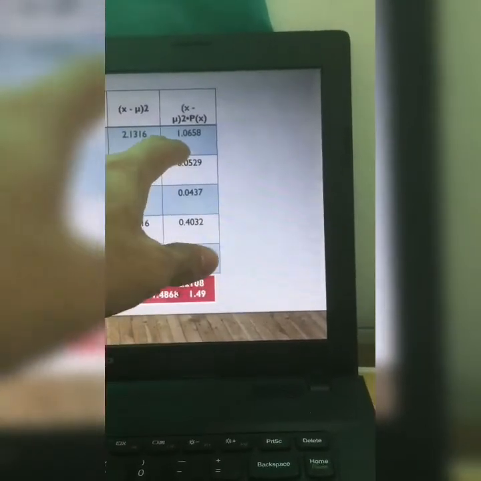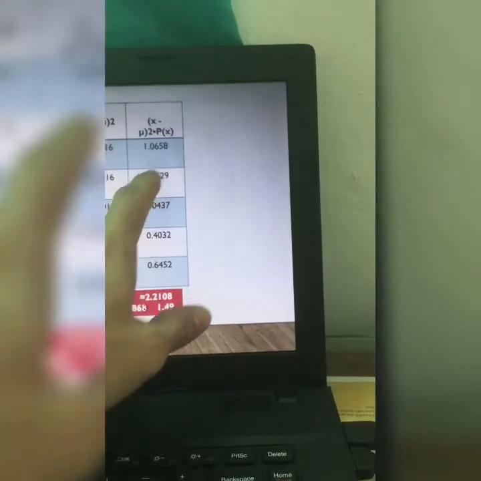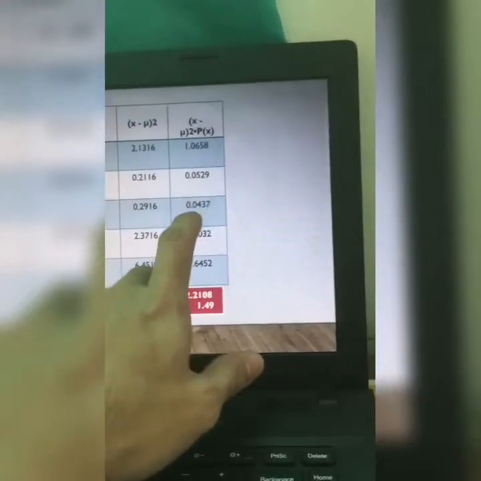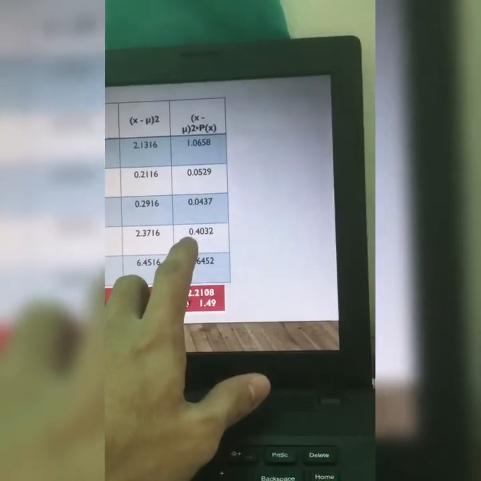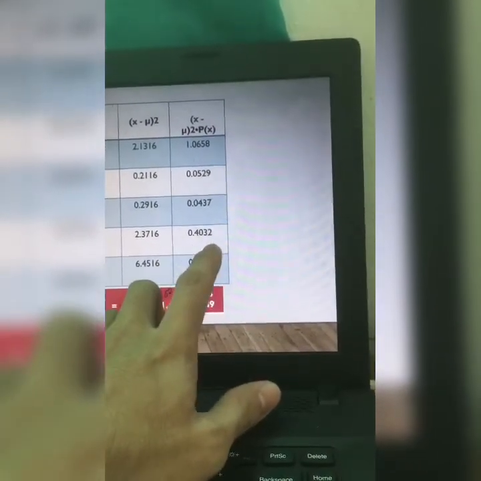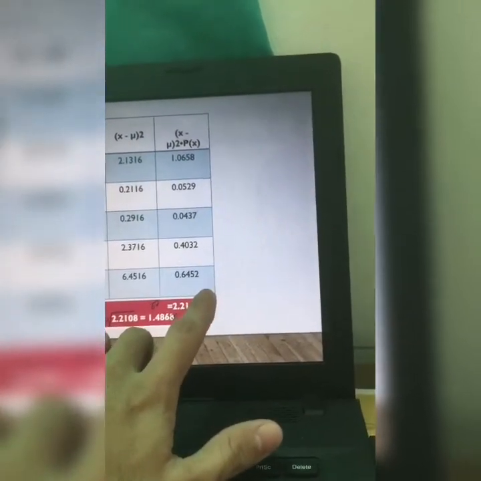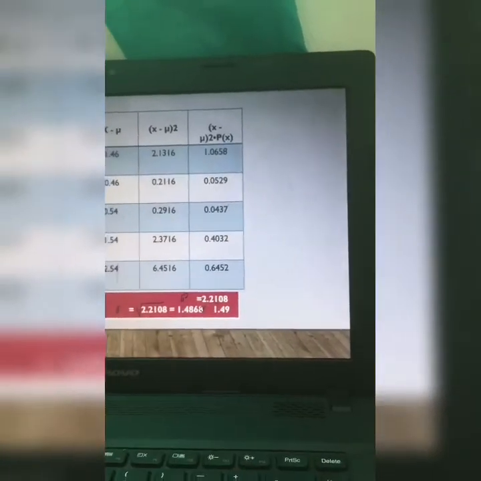So let's try: 1.0658 plus 0.0529 plus 0.0437 and 0.4032 plus 0.6452 equals 2.2108.